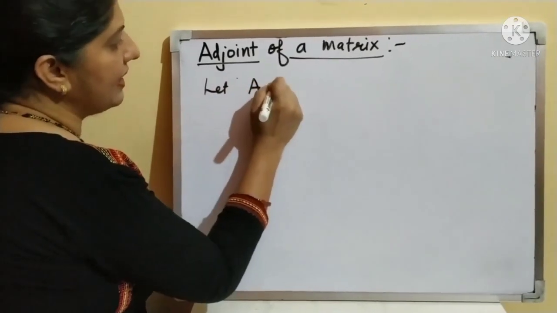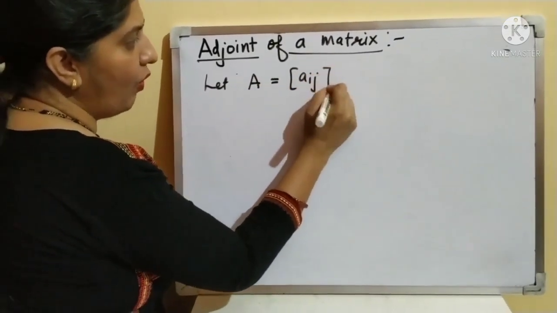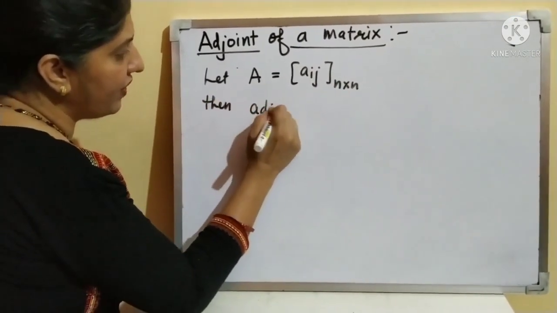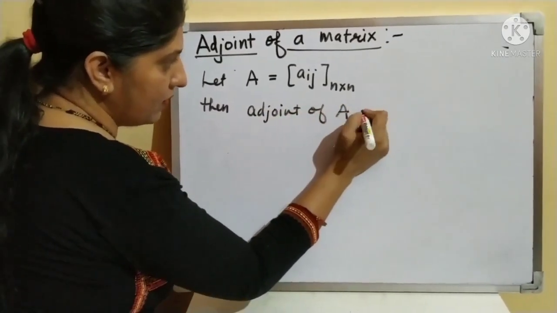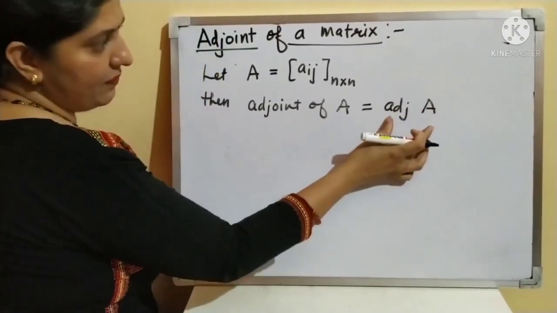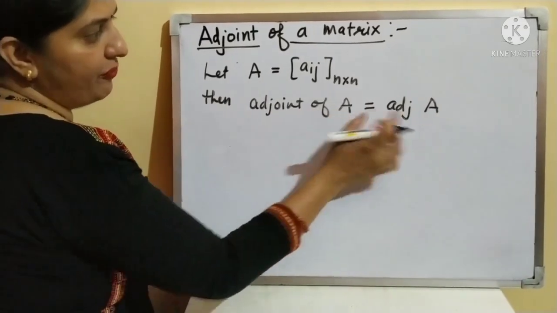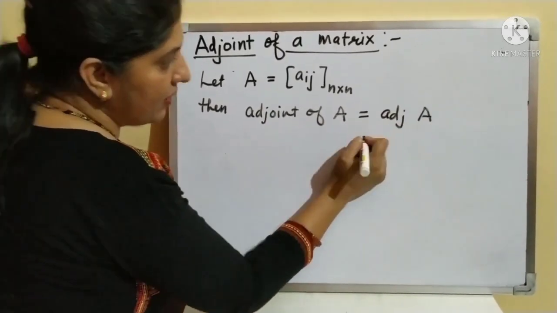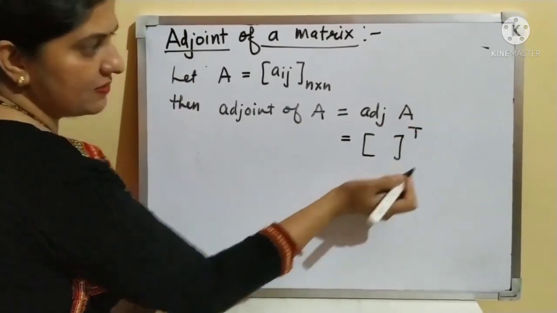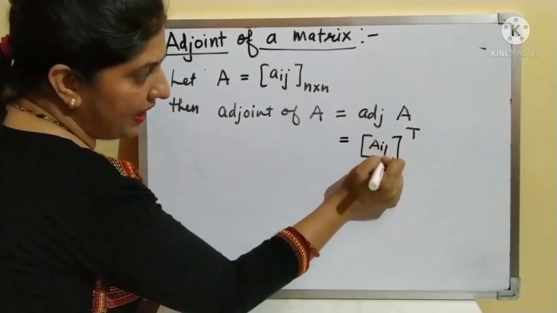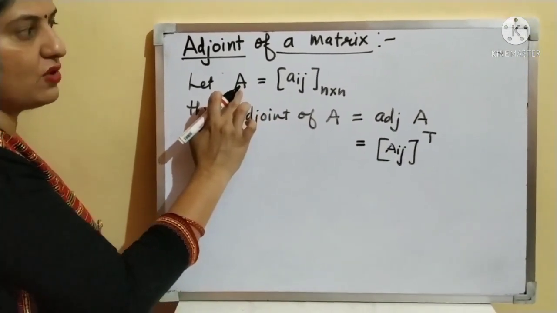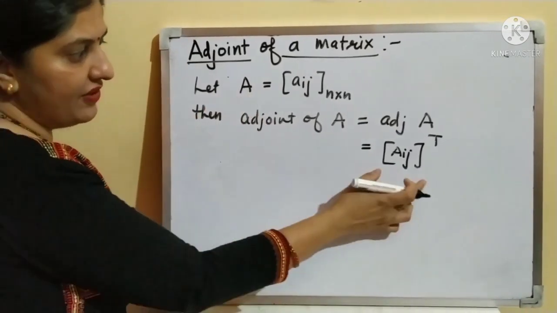Let A be any square matrix of order n, then adjoint of A, which can be written as adj A. In this way we can write adjoint of matrix A in short form, is transpose of a matrix formed by cofactors of the elements of matrix A, and we get adjoint of A.